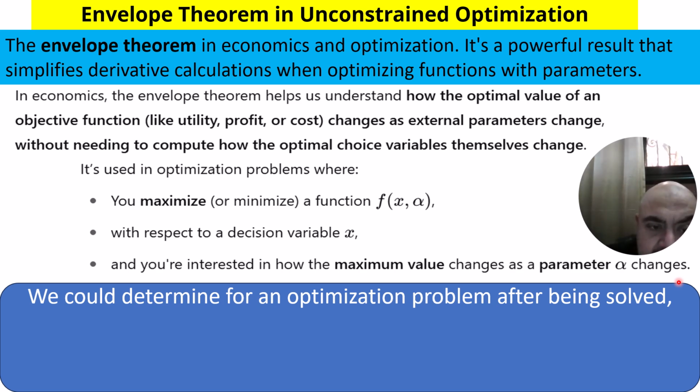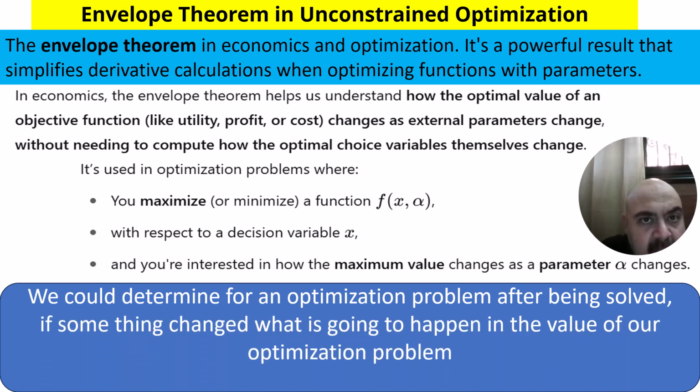We could determine this for an optimization problem after it has been solved. By the way, I always say this is part of the sensitivity analysis related to the solution of any optimization problem. It's really a very good part to go through, trying to explain what happens to the model if certain changes happen.